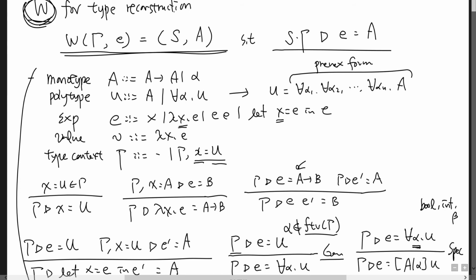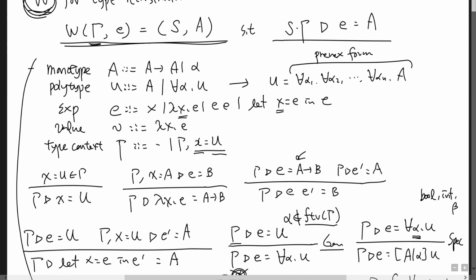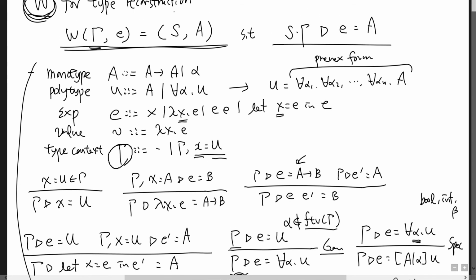It takes as input typing context gamma and expression E, and it returns a substitution S and monotype A, and it satisfies this property.